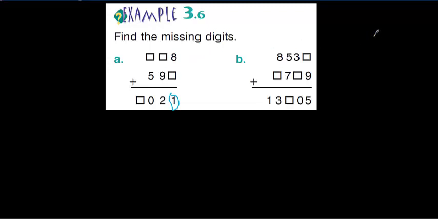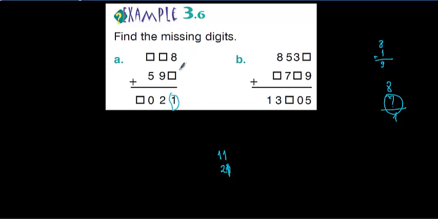Because if you add digits like 8 and 1, the result is 9, and you write only 9 there. If the result is greater than that, it means that the sum is greater than 10. So if it ends in 1, it can be 11 or 21.